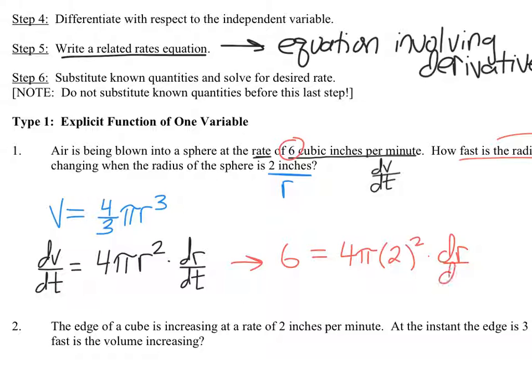And we're looking for dr/dt. So clean it up, simplify, solve. So it's 6 over 16 pi, so 3 over 8 pi.